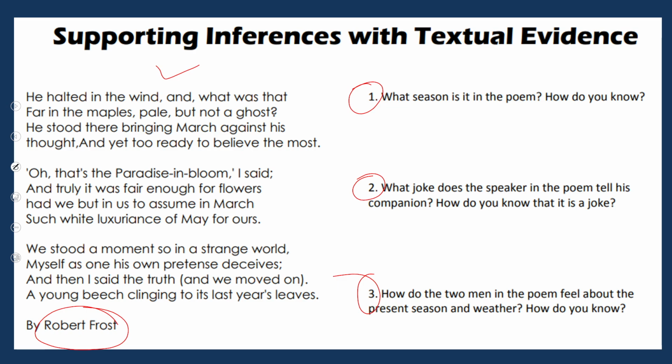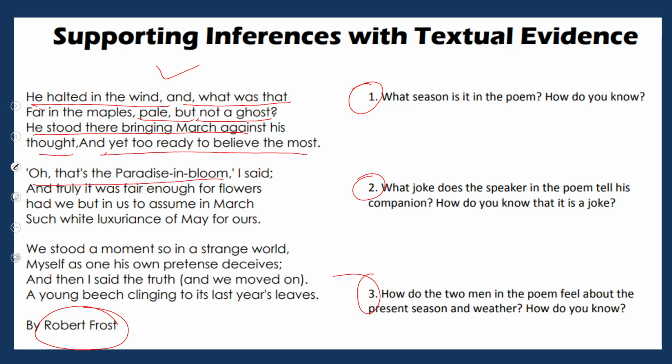We read the text. He halted in the wind, and what was that? Far in the maples, pale but not a ghost. He stood there, bringing March against his thought, and yet too ready to believe the most.